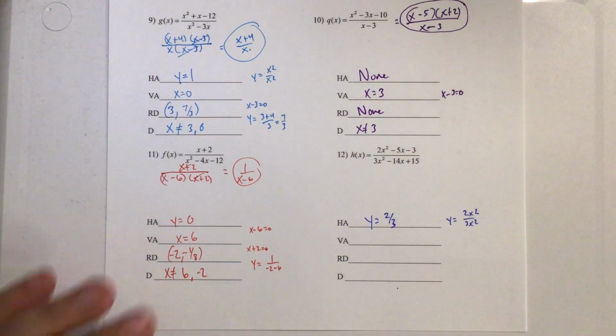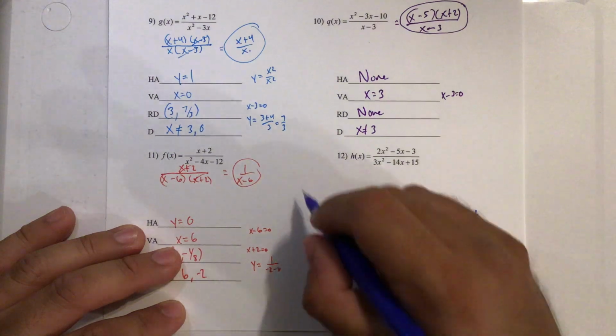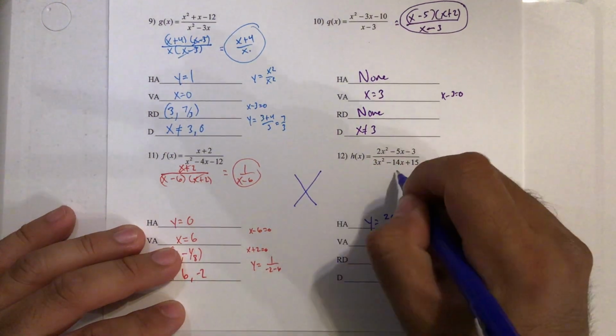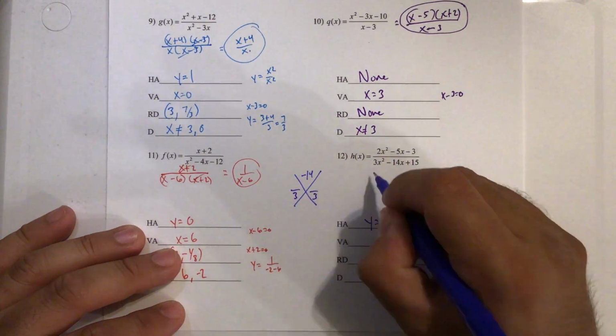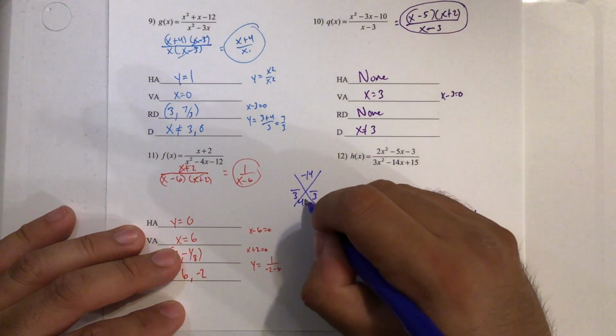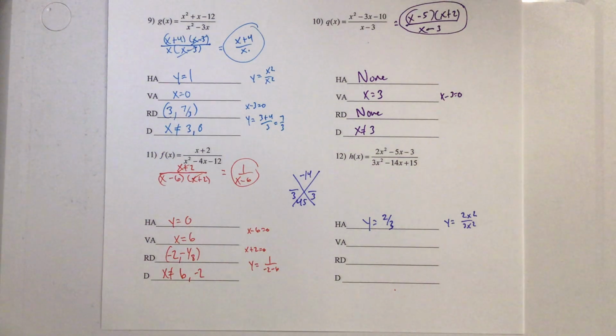For our domain, I'm actually going to do the x method. So we have negative 14, dividing by 3, 3 times 15 is 45. So we could do, let's see, 9 and 5.